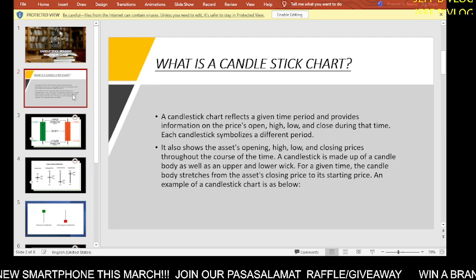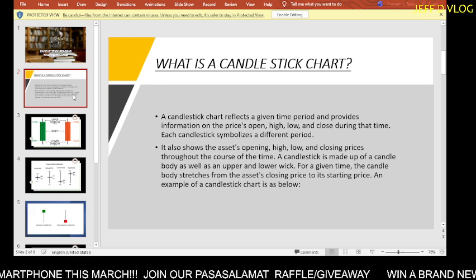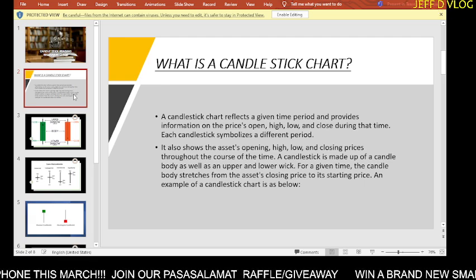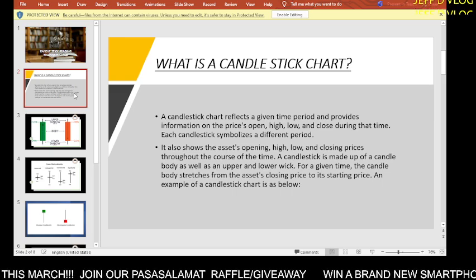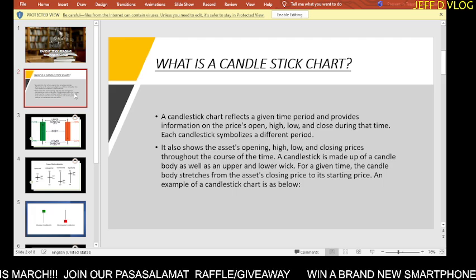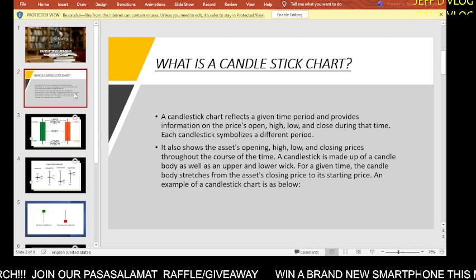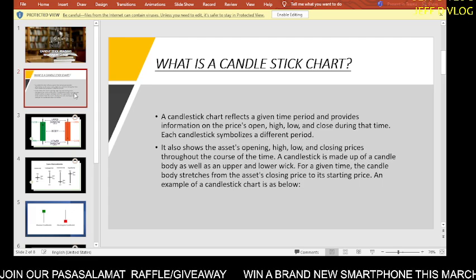the support and resistance level of our candles. I don't want you to get confused or make it confusing, so I will do a separate video for support and resistance.